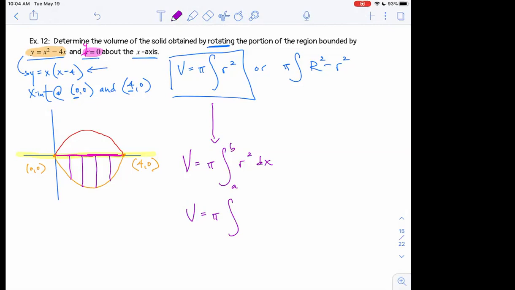So any ideas on what we use for a and b? 0 to 4. Yeah, we're going to choose our x values. So we're going to go from 0 to 4. All right. And then how do we define our little r or our radius?